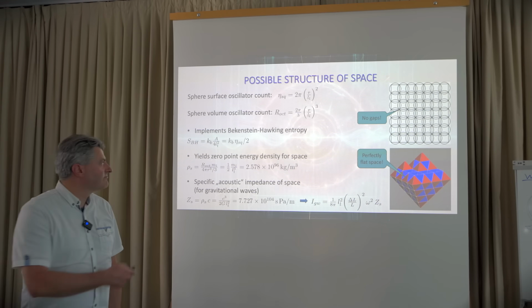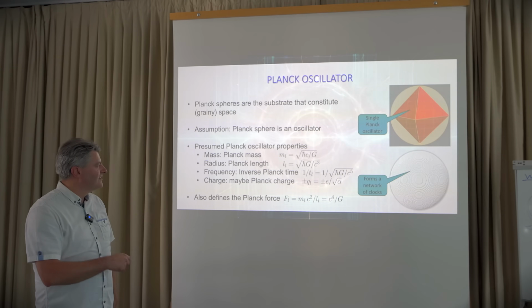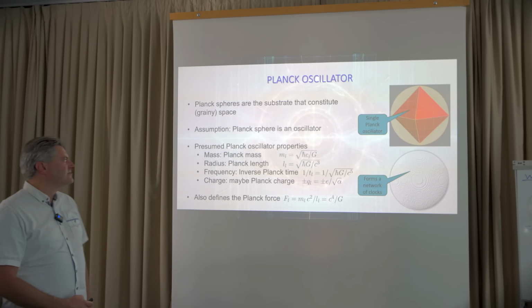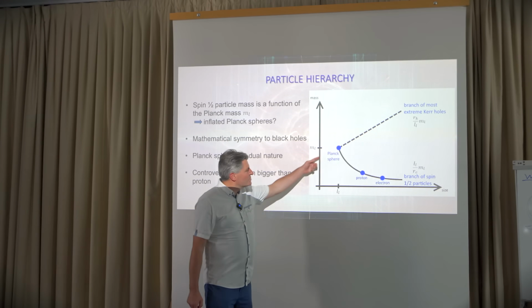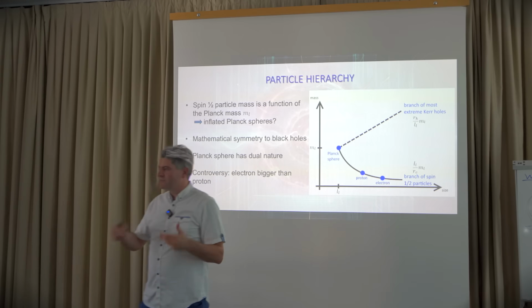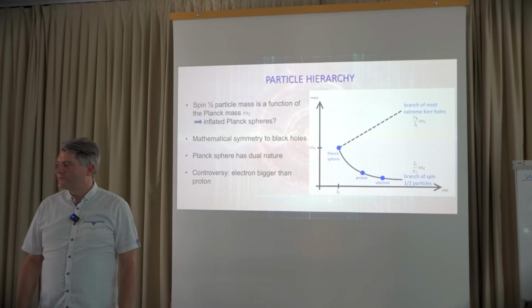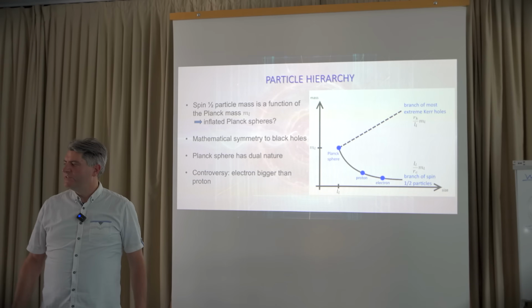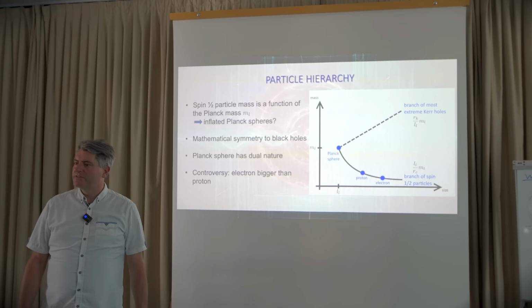Yeah, these are the properties of the Planck sphere that I was assuming, but this is of course just a best guess. I just thought it makes sense to use the Planck sphere because it was kind of this symmetry point or center point, and it makes a good candidate for what might be the most basic structure of the universe.